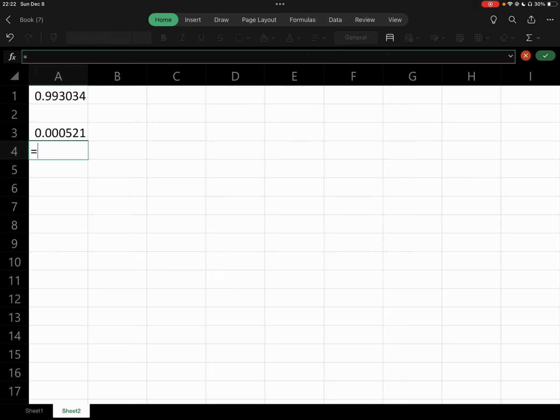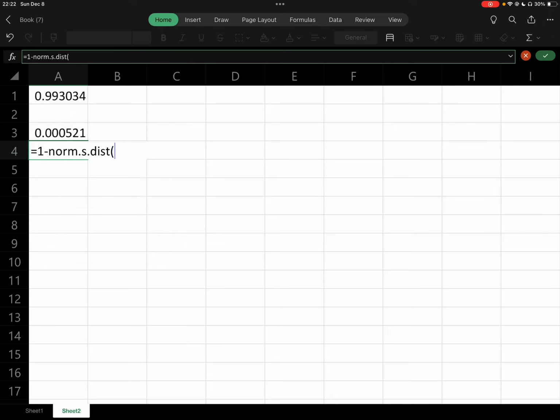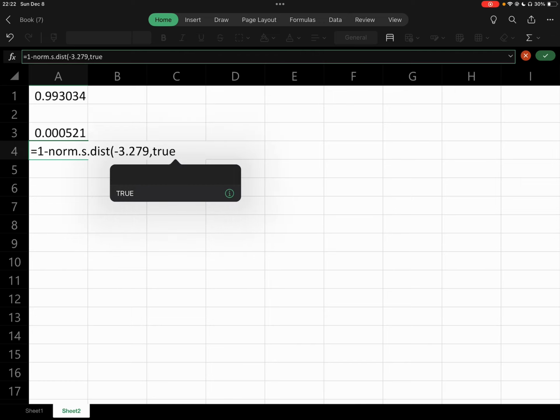So we do equals 1 minus norm.s.dist negative 3.279 comma true. So it's very similar. All I did was add 1 minus to the front. And when I do that, it's going to calculate the probability, and then it's going to take the complement. And by taking the complement, I get the area to the right.